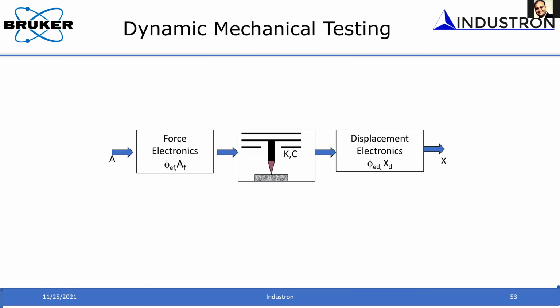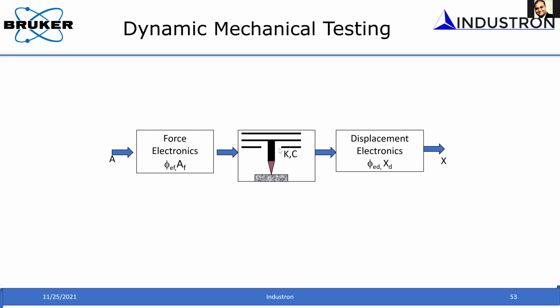Then it goes to the detection electronics to measure the displacements. So you have an instrument response along with the material response that you want to measure. Along with the contact stiffness or the damping particular to the material, you also have the electronic response and the transducer response. So you have to deconvolute the actual mechanical response of the material by knowing what the electronics is doing and what the transducer is doing.